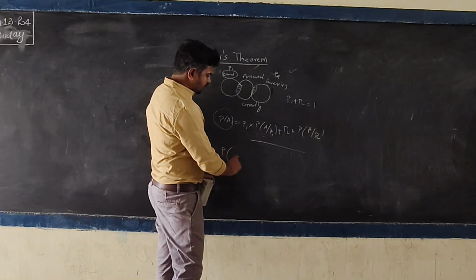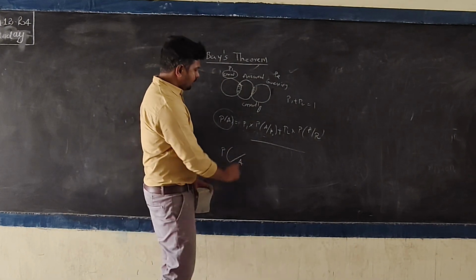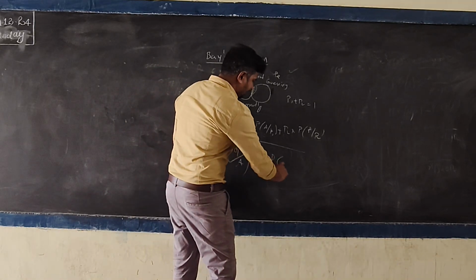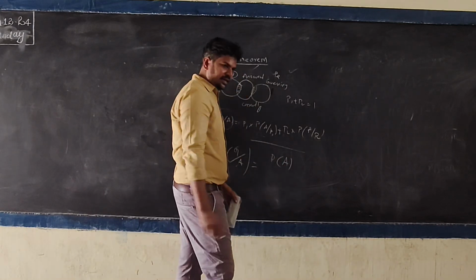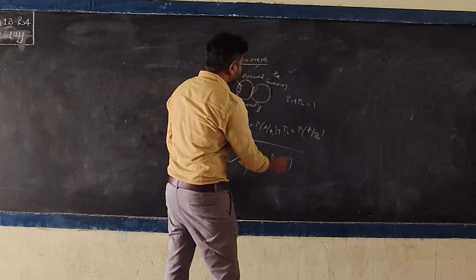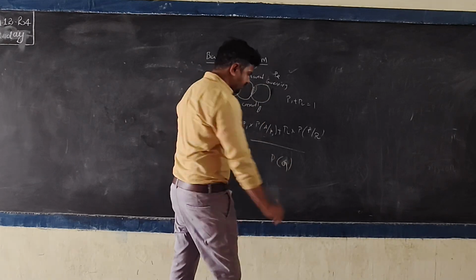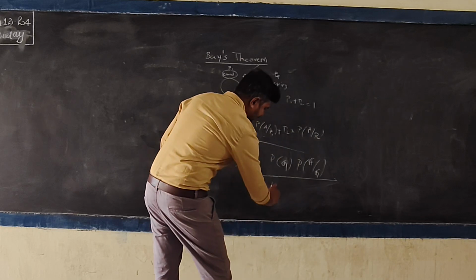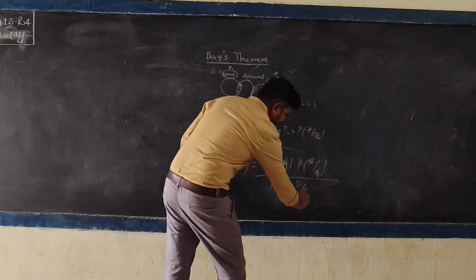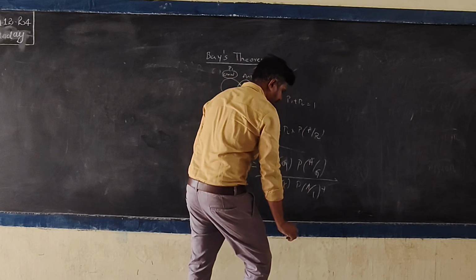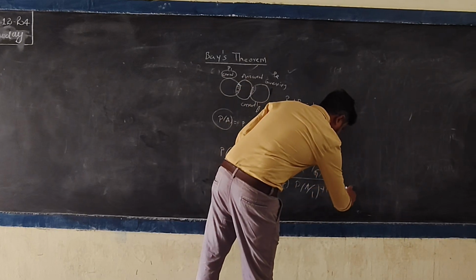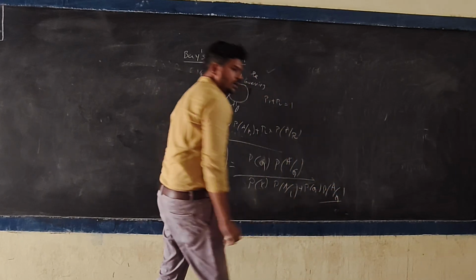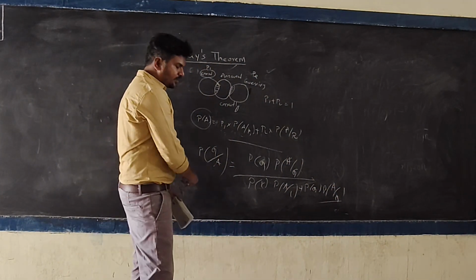The probability that he answered correctly from guessing is the probability of guessing times the probability of answering correctly by guessing, whole divided by the probability of knowing times the probability of A given knowing, plus the probability of guessing times the probability of A given guessing. This is called conditional probability.